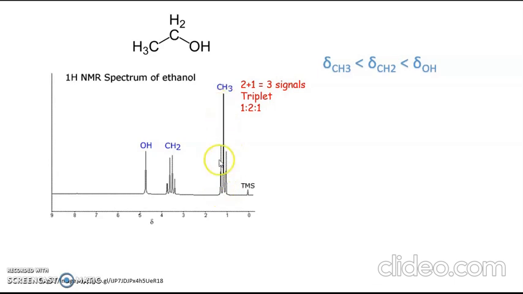So this should give 3 peaks in the intensity ratio 1:2:1.